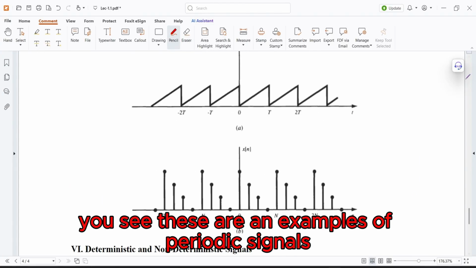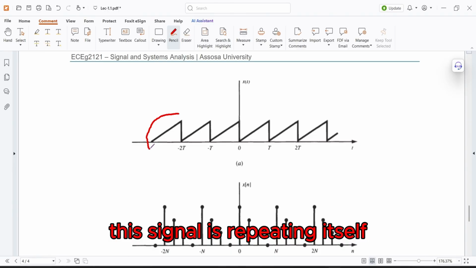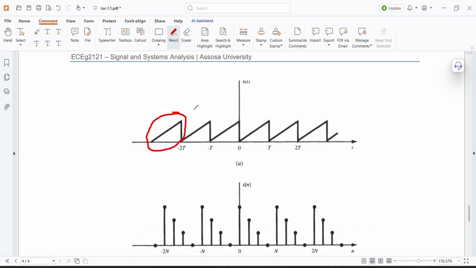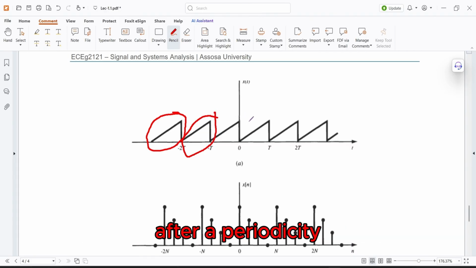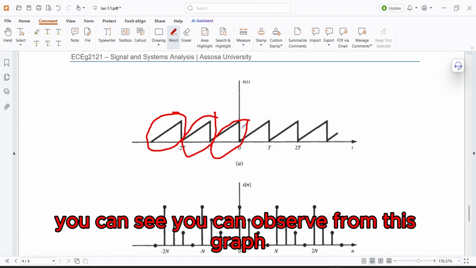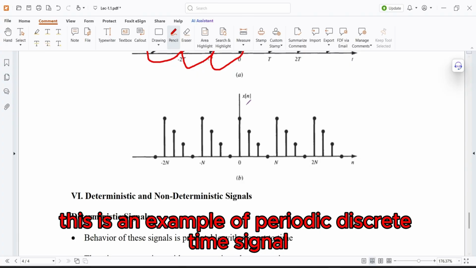You see, these are examples of periodic signals. This is a periodic signal because, as you can observe from this graph, this signal is repeating itself after a period T. Similarly, for discrete time signals, this is an example of a periodic discrete time signal.